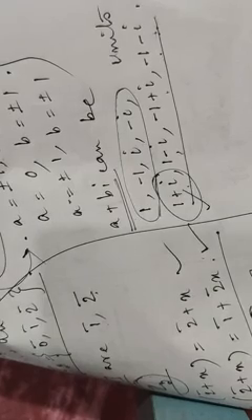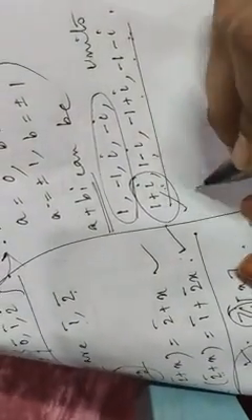If we choose the first element, suppose 1 plus i, then all the other 3 become associates of 1 plus i. That means they will give the same result. So the only distinct possible element is 1 plus i, because all the other elements are associates.